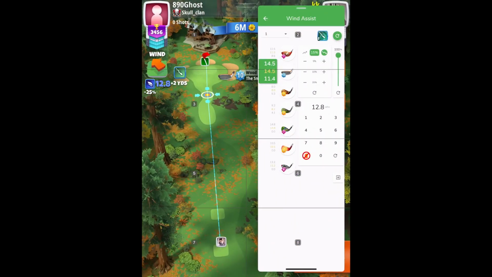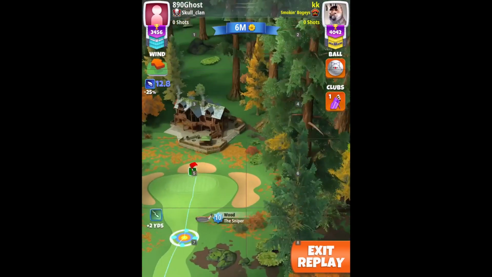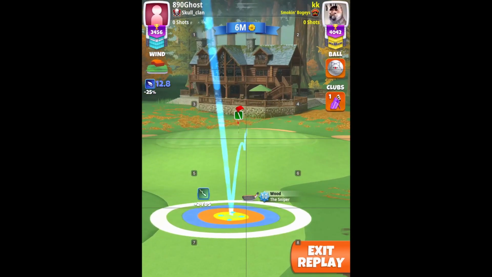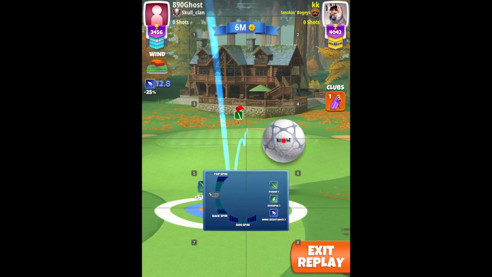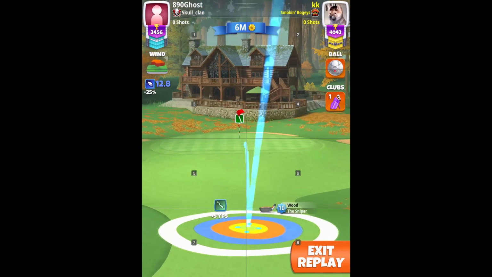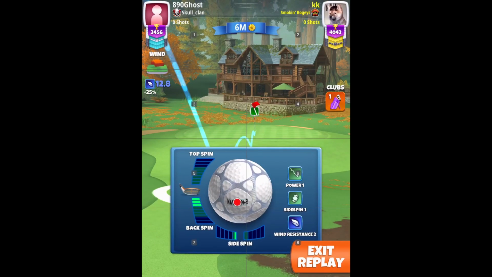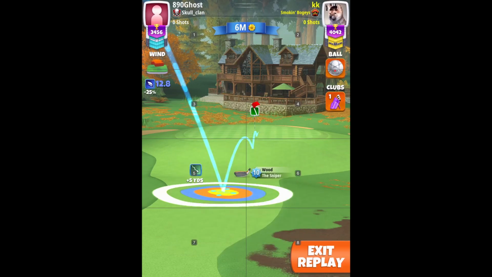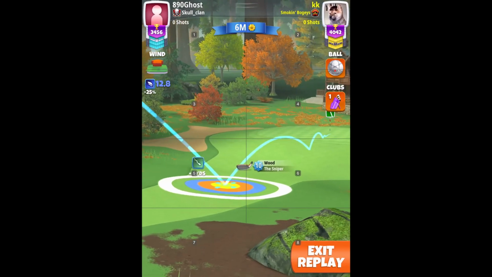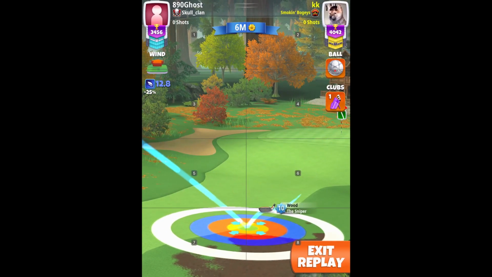Here's another right to left tailwind angle that's more tailwind and less crosswind. Again, setting up in the same max sniper position. I do about 3.1, 3.2 backspin, and a little bit of left spin because I don't need to offset as much. And I'm adjusting plus 15% max.